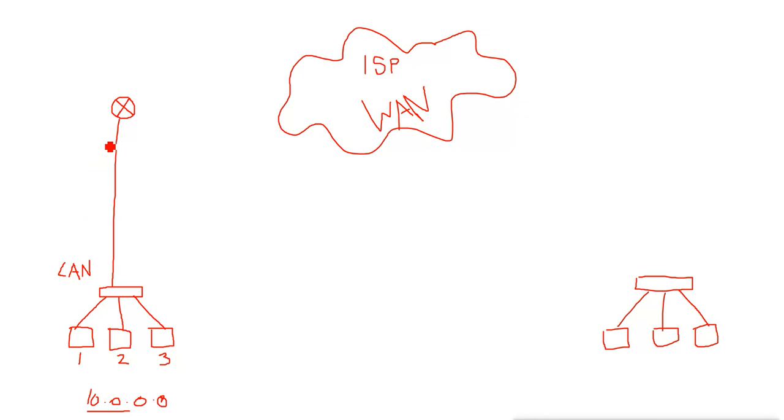On this port I will assign an IP address which belongs to the same network as our LAN, whether it is 10, 20, or whatever network we are using in this LAN. We will give an IP here in the same range or the same network. Let's say 10.0.0.100 here.